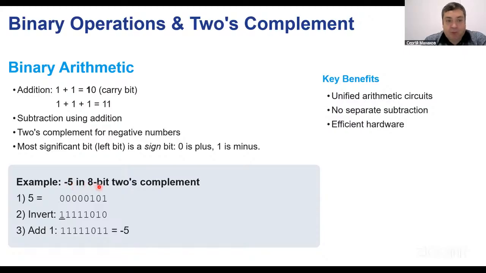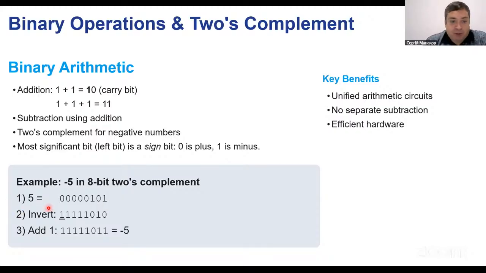At first, we have to consider how many bits we have for this operation. Because in a real CPU, we have its random access memory, and each memory cell has a specific size in bits. For example, we have 8-bit memory cells. So we have 8 digits for our -5.